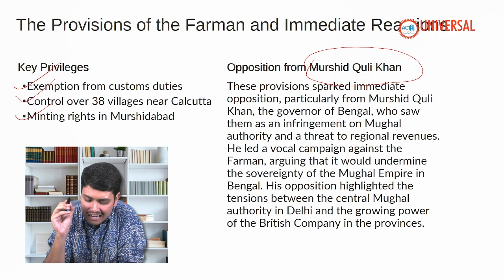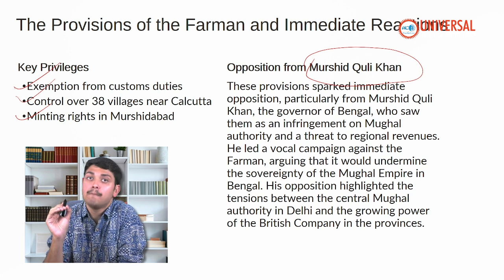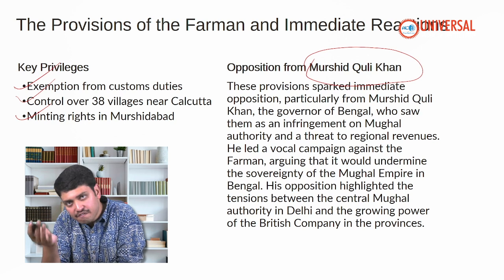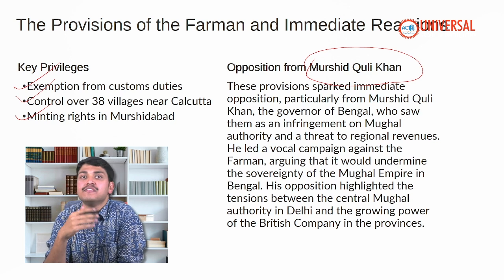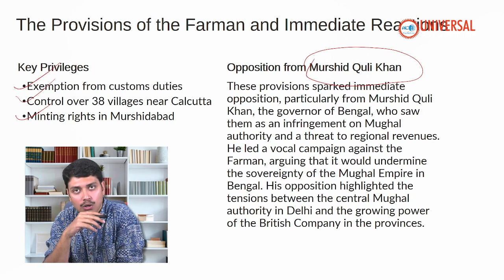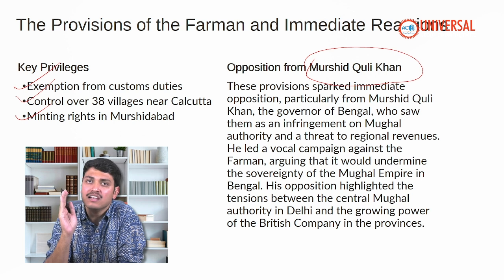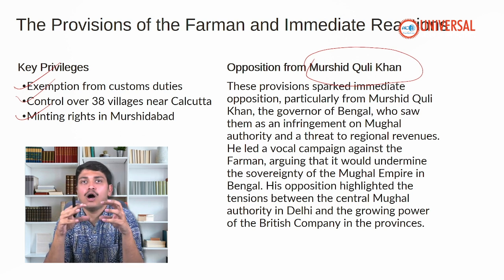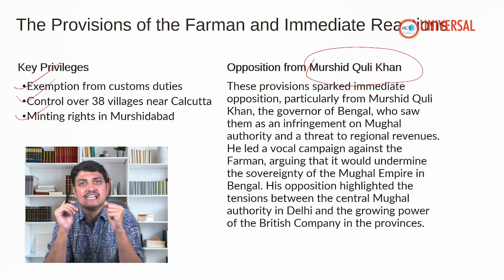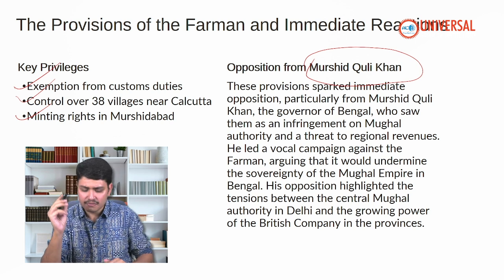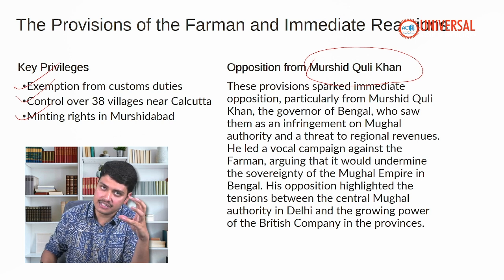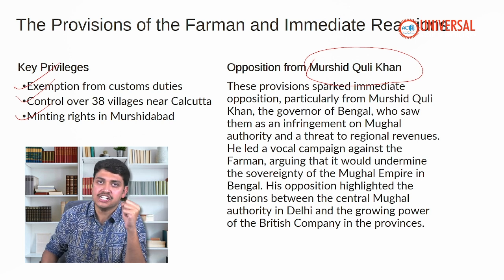Murshid Kuli Khan did not approve or allow the advent of the East India Company in the trading activities of Bengal. He found it a little bit threatening to the integrity of economic activities in Bengal, and he directly opposed the advent of the English East India Company.